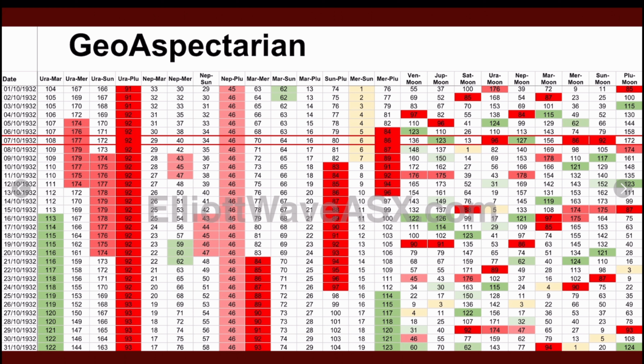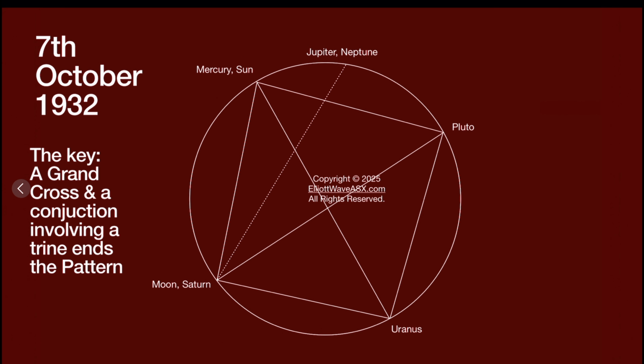So if we take a look at a schematic of that, we see on the 7th of October 1932, the key is there was a grand cross and a conjunction involving a trine which ended the pattern.